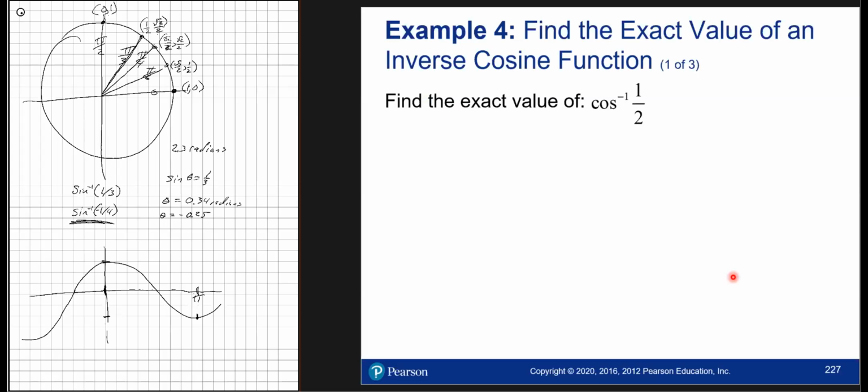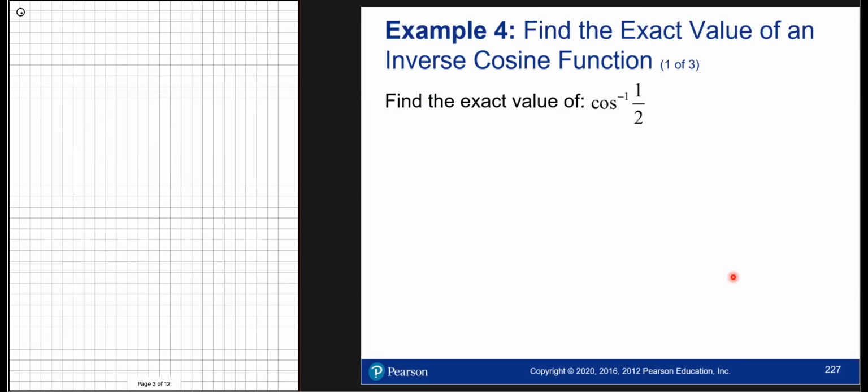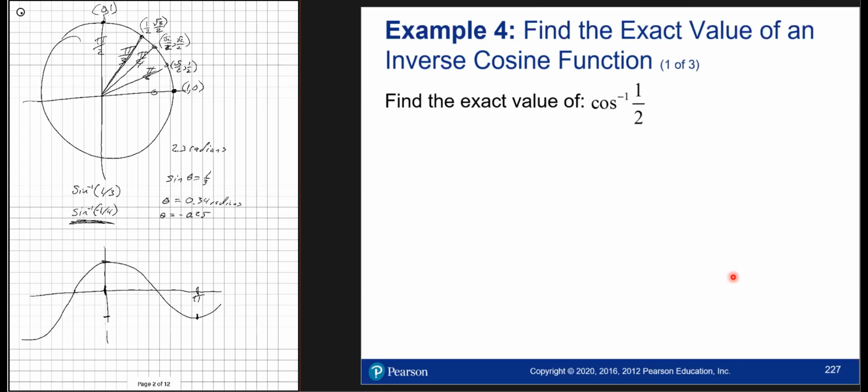So finding the exact value here, we're gonna go ahead and use this page.